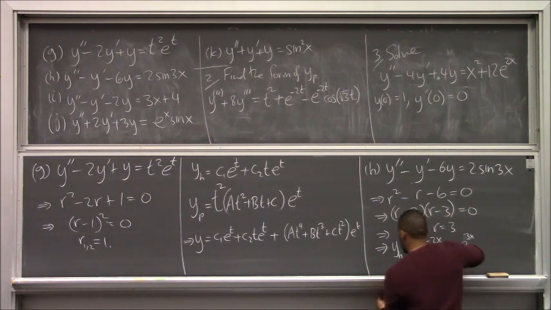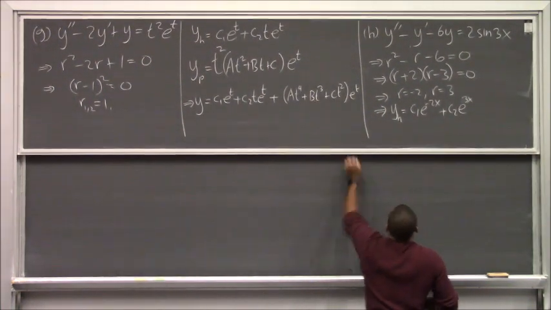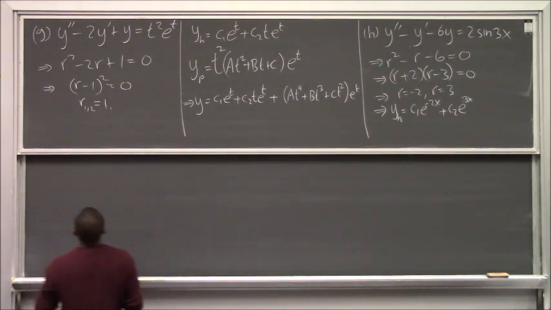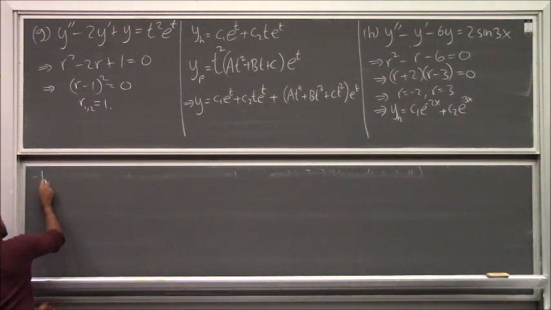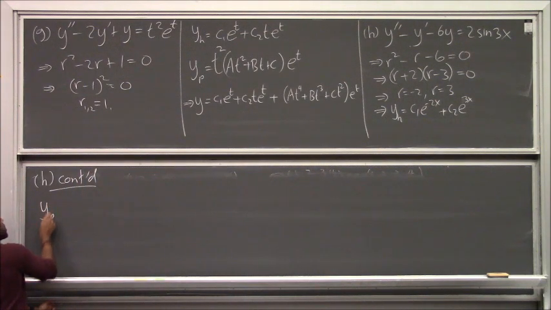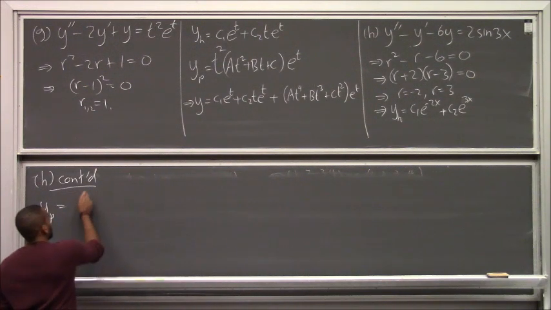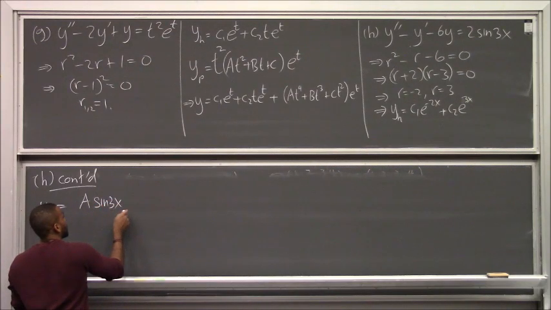And so now we want to choose a particular. So this is H continuing. How do we start by choosing? Zero degree polynomial, A. So A times sine 3x plus B cosine 3x.